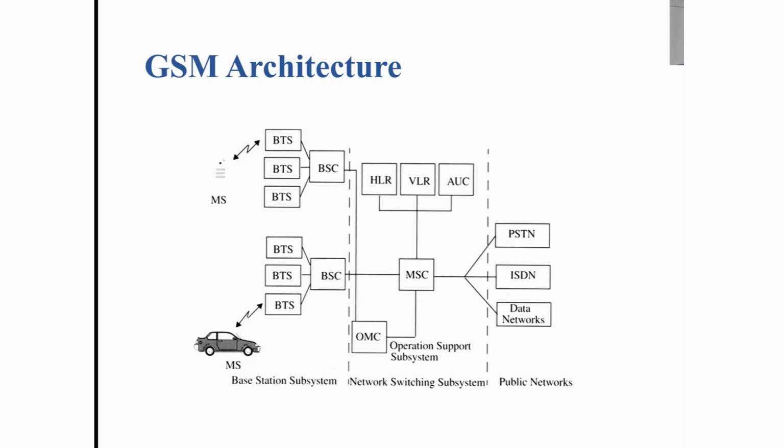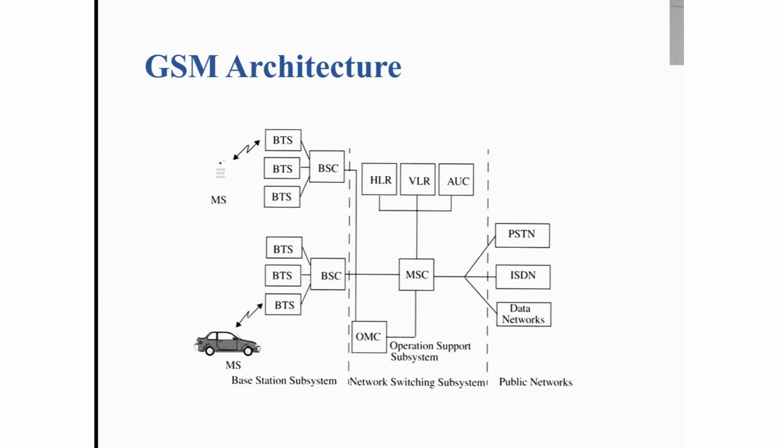The foreign MSC will forward this information to the home MSC of that particular user. From the home MSC, they look for their HLR and their authentication. After all the authentication process is completed, it will send the acknowledgement to the MSC. Then it will transfer or forward the call to the destination.